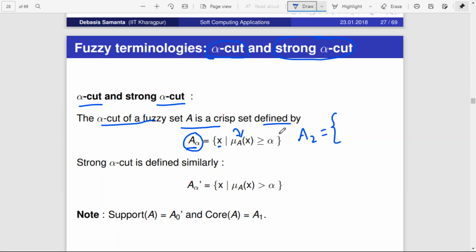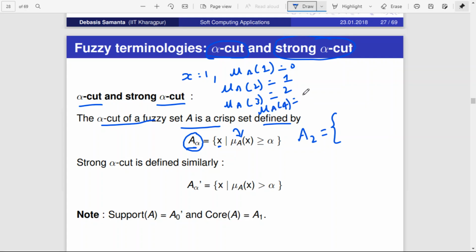Say x is equal to 1, and when you apply this to the membership function, the result is 0. When you apply 2, the result is 1. When you apply 3, the result is 2. When you apply 4, the result is 5. When you apply 5, the result is 7.